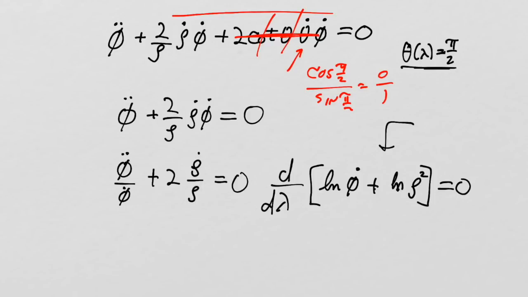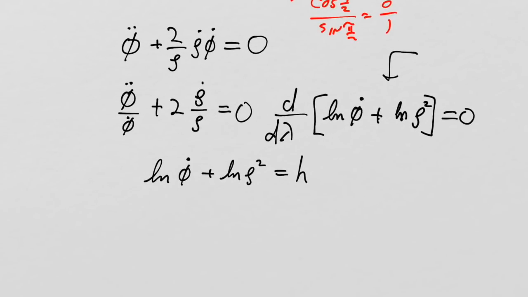So now we know that if we integrate this, we get a constant, right? So the log of phi dot plus the log of rho squared equals a constant, and we'll call that constant little h. But the sum of the logs, of course, is the log of the product.